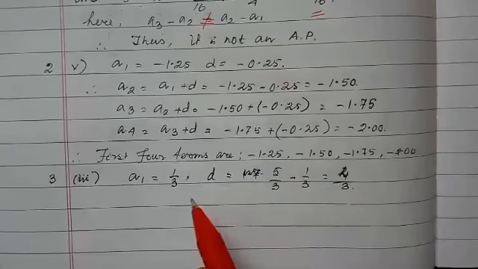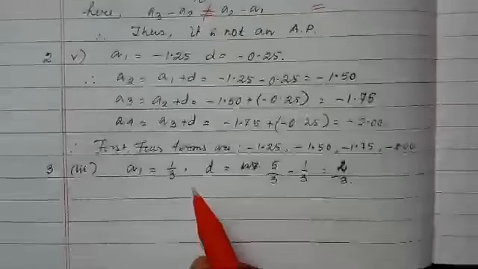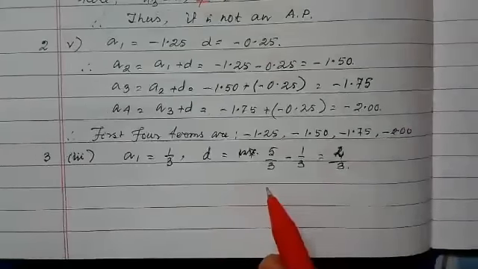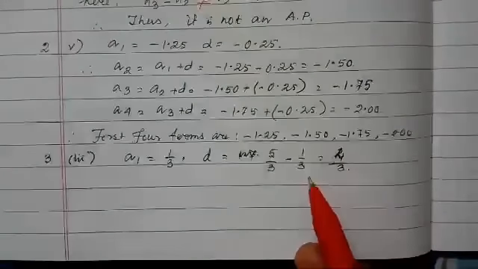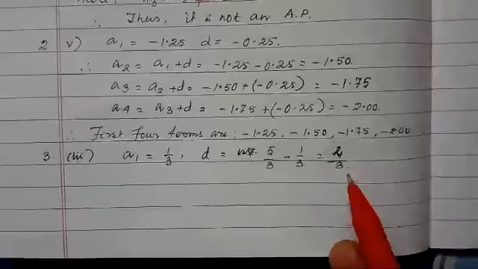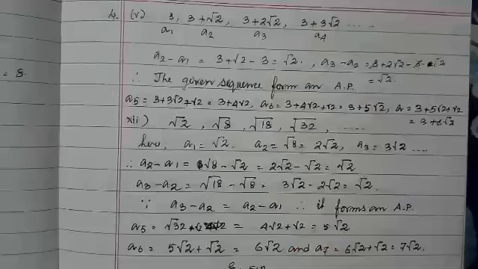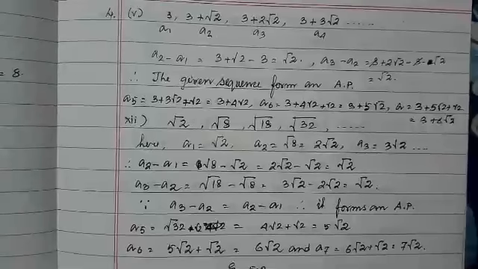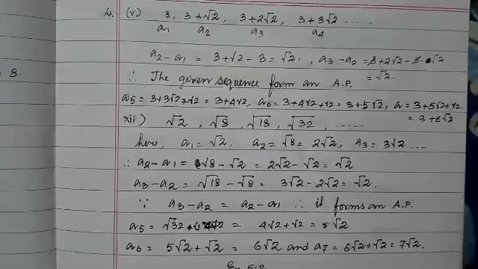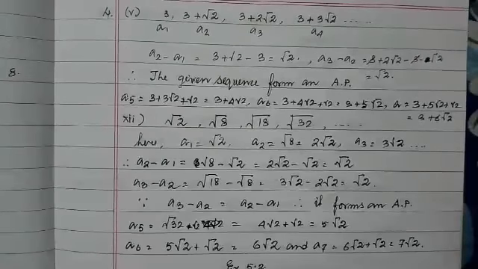Common difference, second term is equal to 5 by 3. So common difference is 5 by 3 minus 1 by 3, that is 4 by 3. So common difference is 4 by 3. Okay. Now for sum number 4. Which of the following are APs?